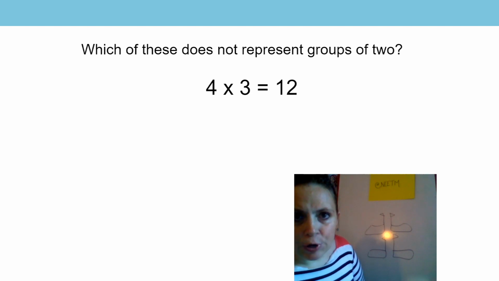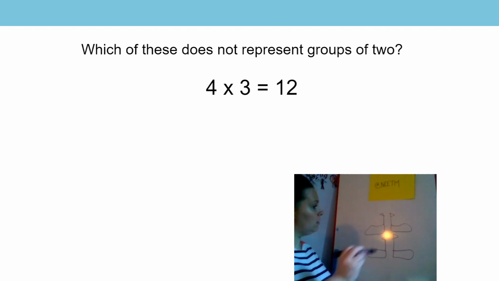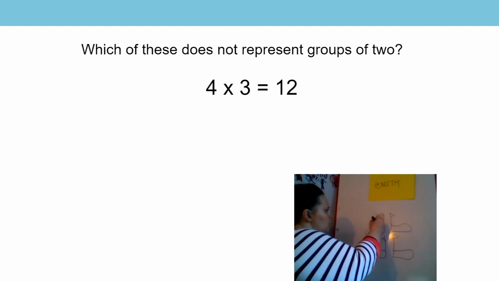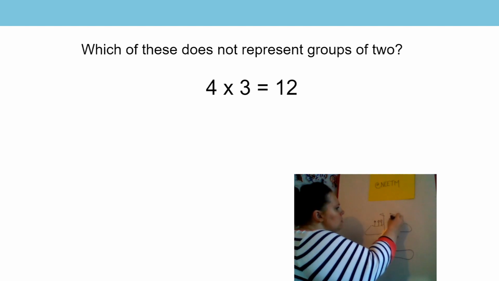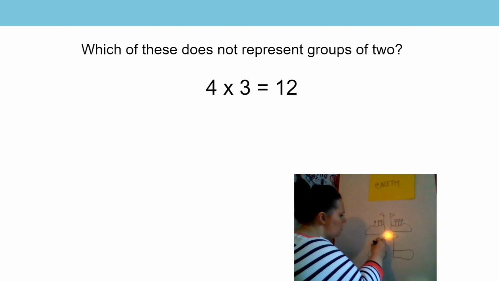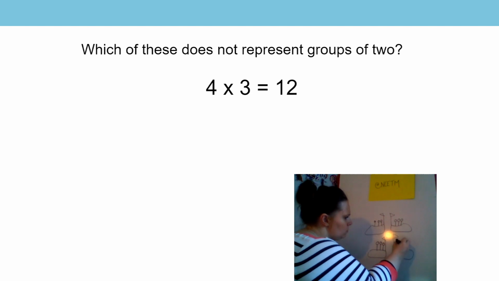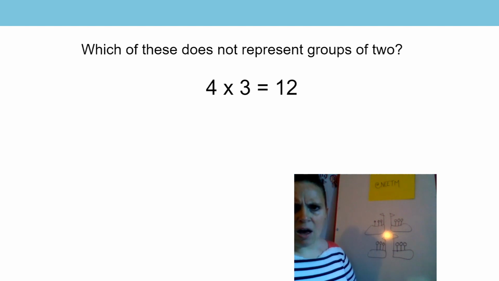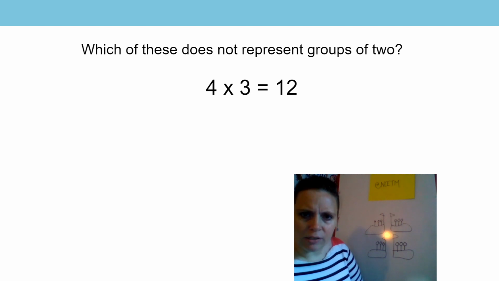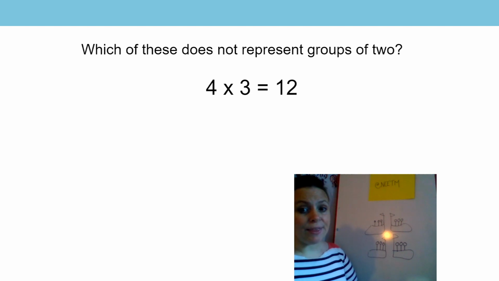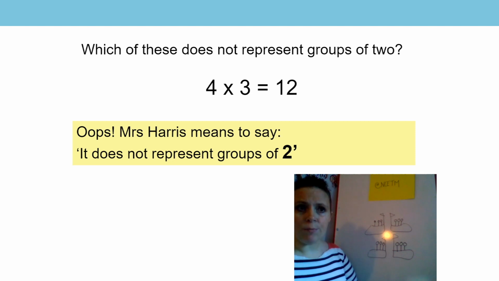And in each group we have 3. 1, 2, 3, 1, 2, 3, 1, 2, 3, 1, 2, 3. Oh, this does not represent a group of 2. It represents groups of 3. I think this one is our odd one out because it does not represent a group of 2.